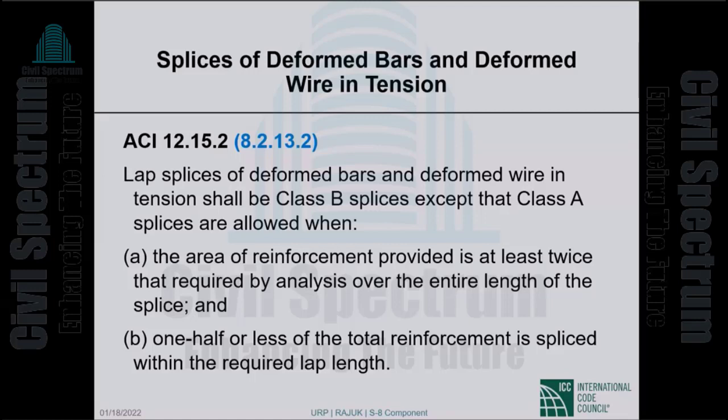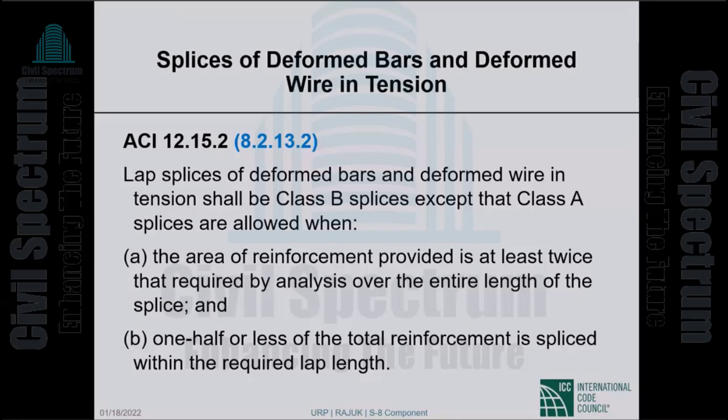This is obviously very important. So the area of reinforcement provided is at least twice the area of reinforcement required by analysis over the entire length of the splice. This is number 1. Number 2, one half or less of the total reinforcement is spliced within the required lap length.